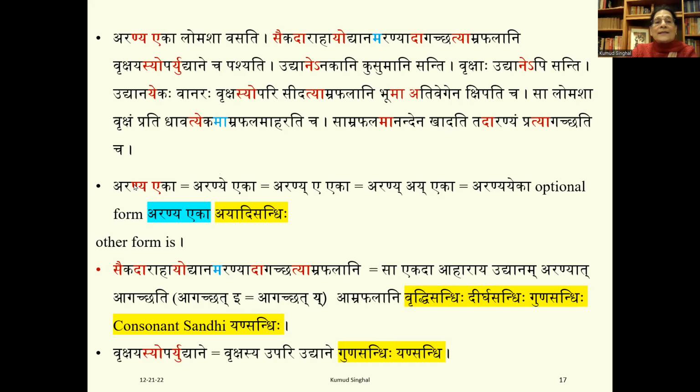So that's why it is Aranya Eka. This is the optional form of the Ayadi Sandhi. The other form would have been Aranya Eka, where this Ya is combined with A. Here the Ya is dropped, so it is the optional form. Before the Sandhi it would be Aranye Eka.